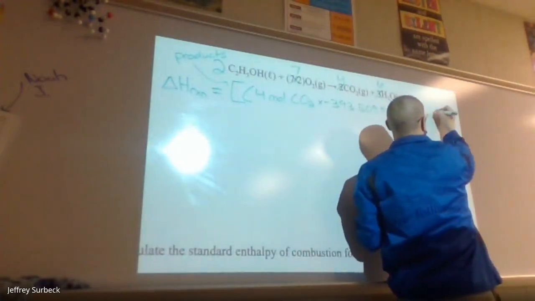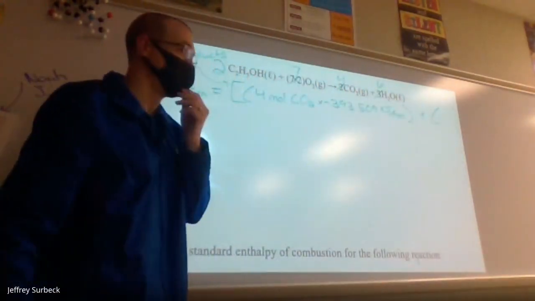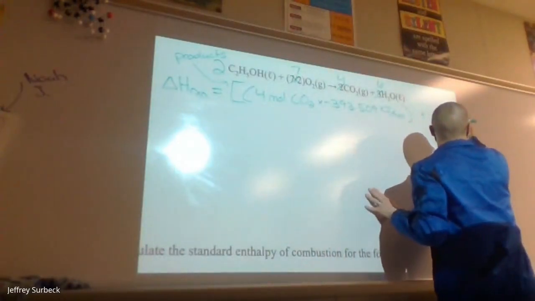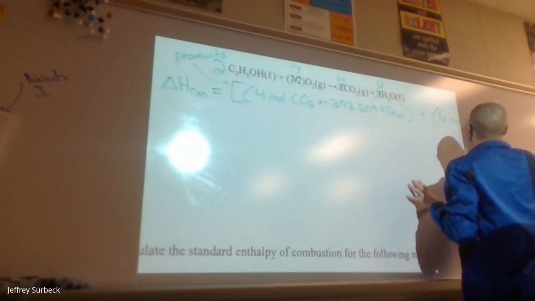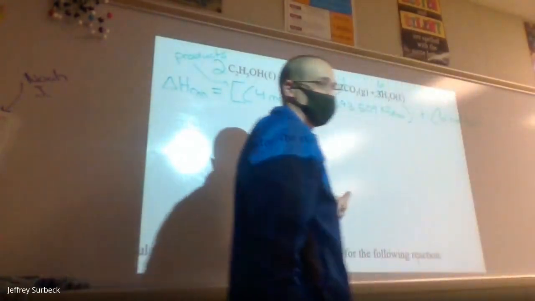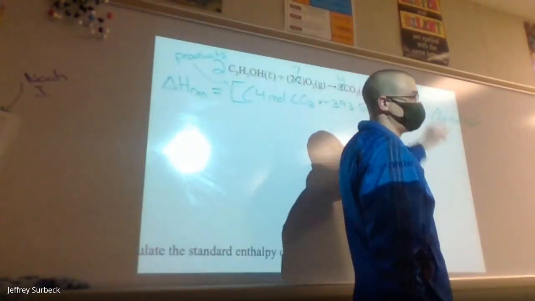So we add how many now moles of water? 6. So we have 6 out in front. Moles of H2O times, what is that value for liquid water? Be careful because I list water a couple different times there.